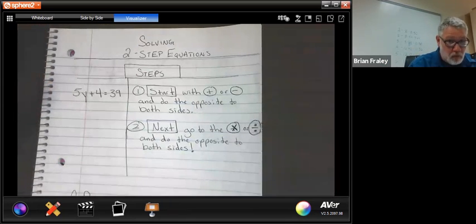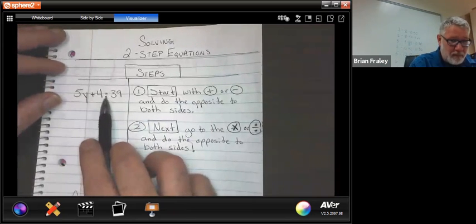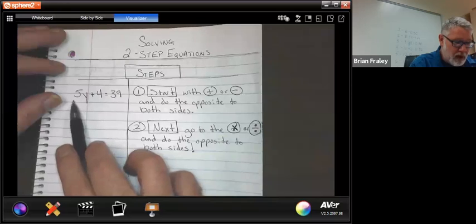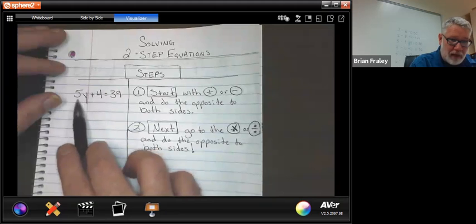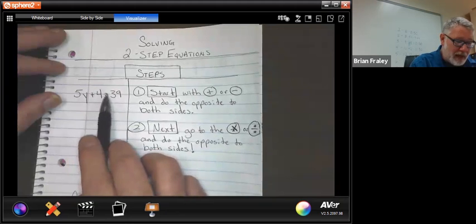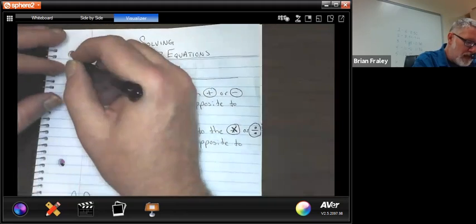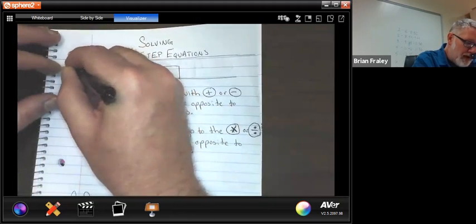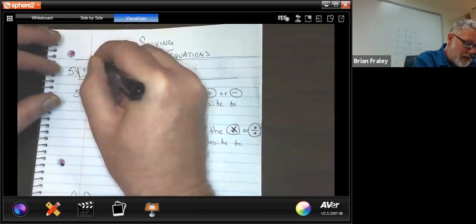Before we do anything else, what is a two-step equation? Well, an equation is a math sentence with an equal sign, numbers, and operations. There's plus, and this is actually multiply. Okay, I'll show you that in a second. One thing I want to show you, 5y is the same as 5 times y.